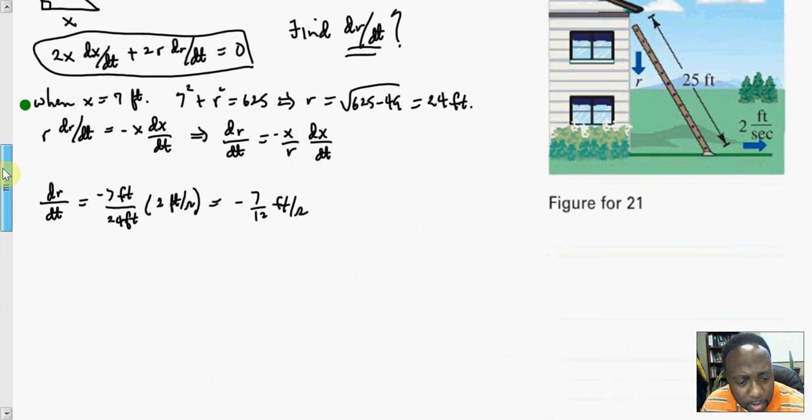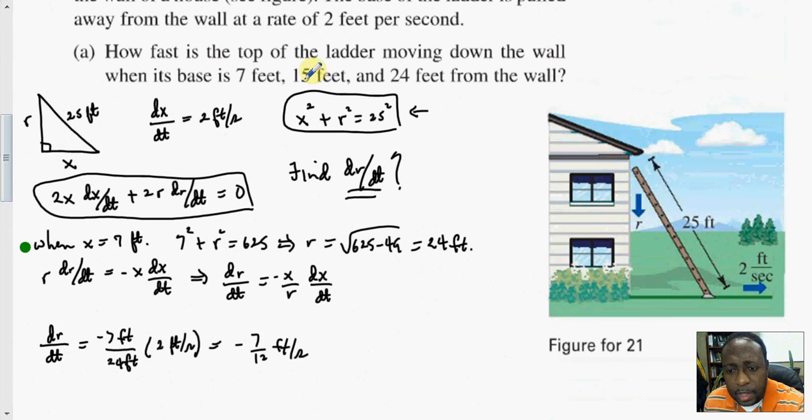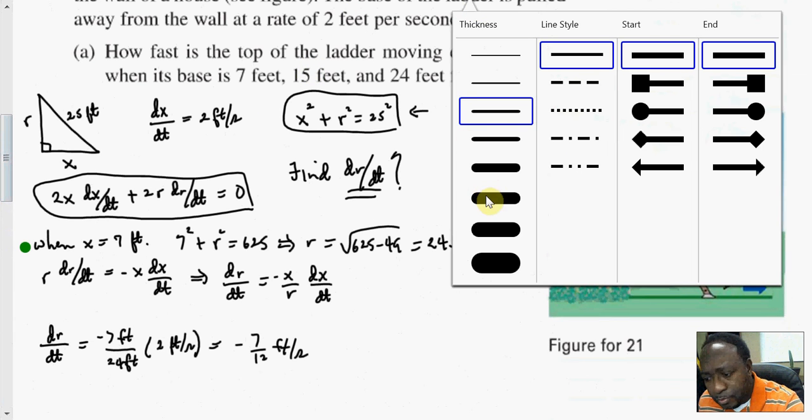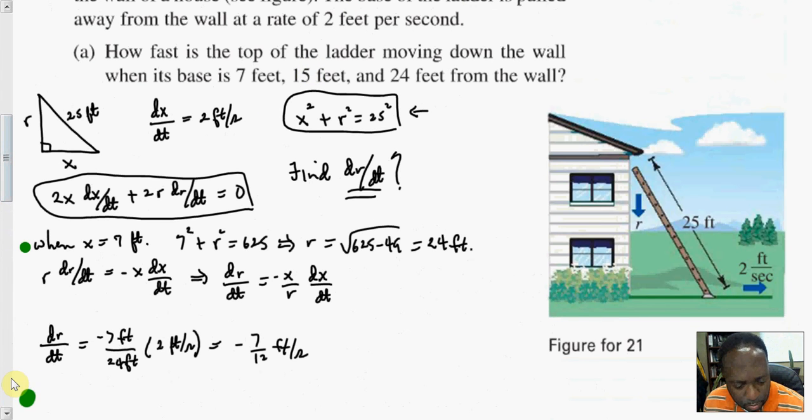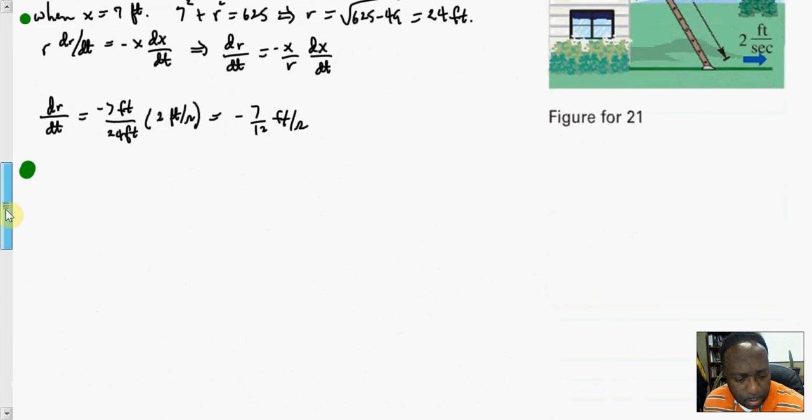The next one that we do is, it says when x is 15 feet, use the Pythagorean theorem.